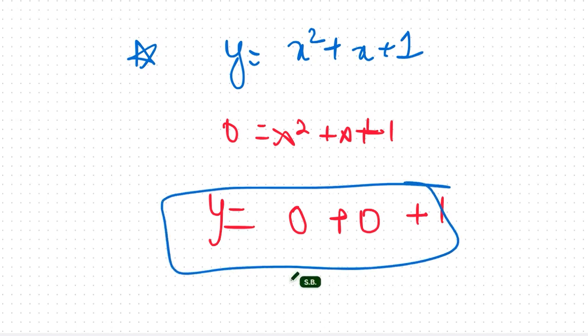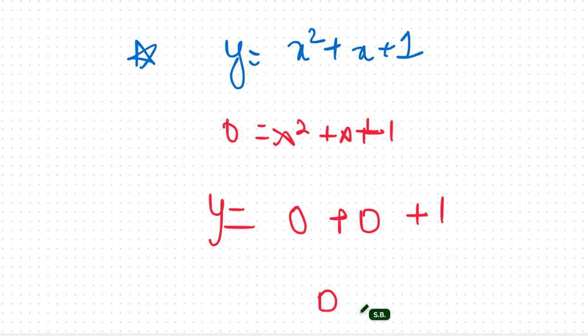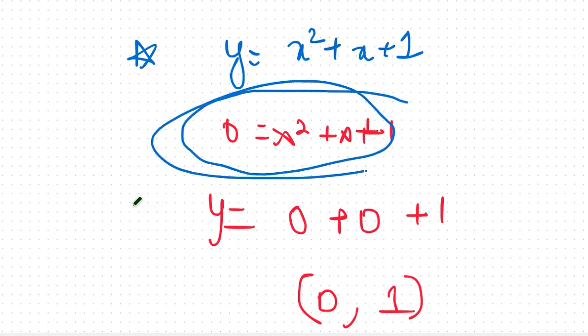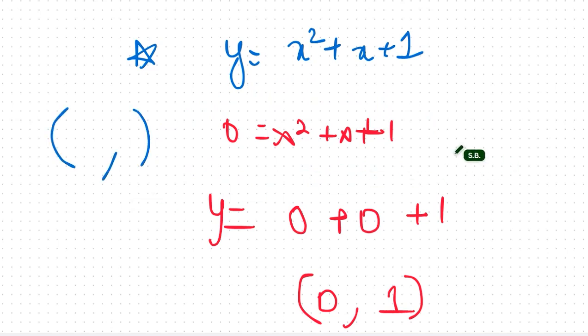Coordinate of the y-intercept is how much? 0, 1. Good, because we're basically saying x is 0. What is the y coordinate of the x-intercept? 0. Good. So x values can be found by solving this, right?